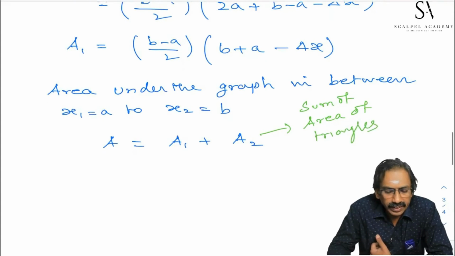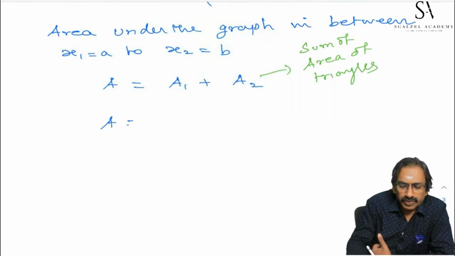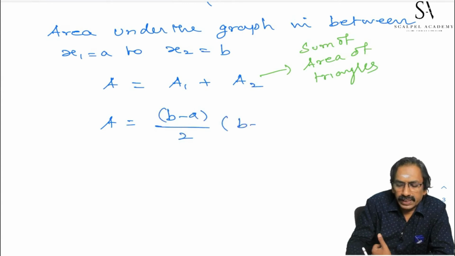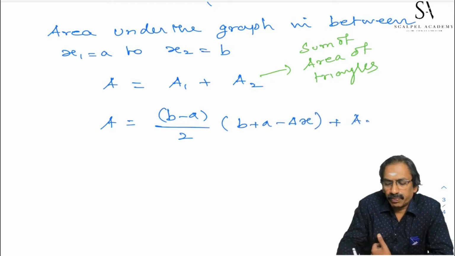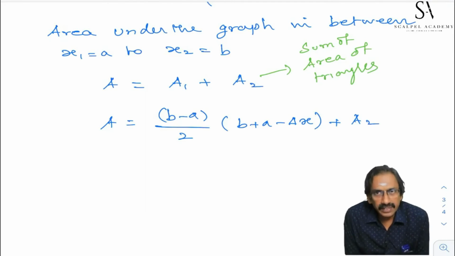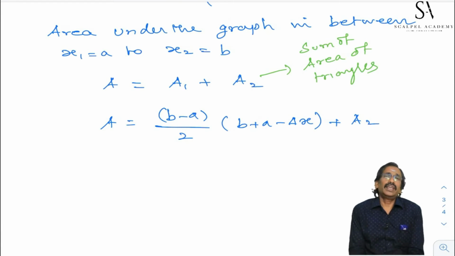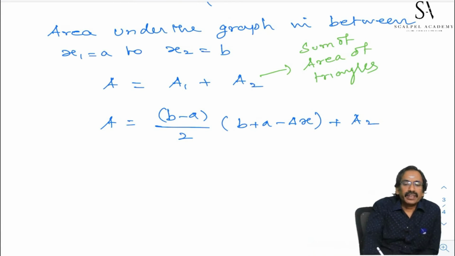Okay, that we got as (b minus a)/2 into (b plus a minus delta x) plus A2. If this delta x, the width of the element, tends to 0, what happens?